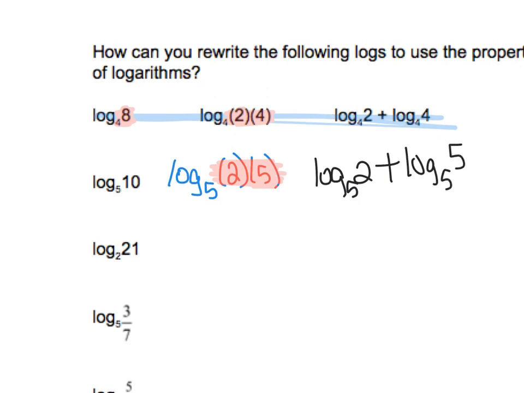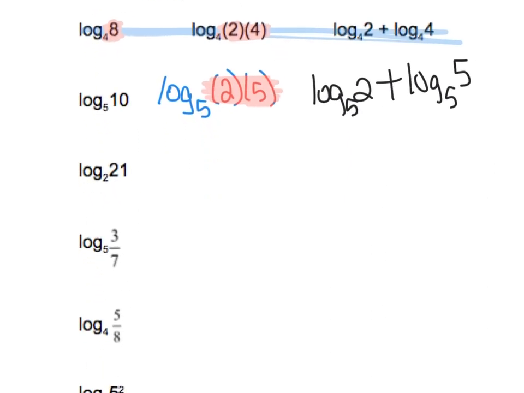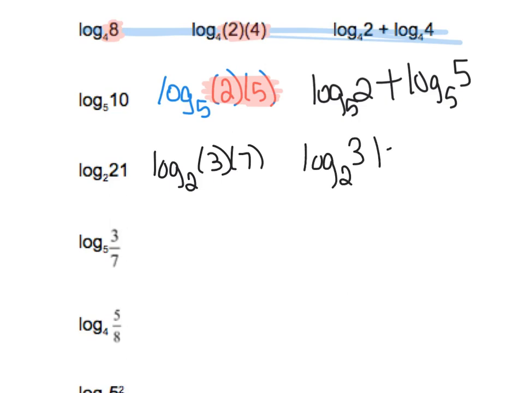Same idea here, just moving down to a couple of other examples. Log base 2 of 21 would mean we could call that log base 2 of 3 times 7. 3 times 7 is 21. If they are multiplied together, we could rewrite that as log base 2 of 3 plus log base 2 of 7. We're just taking the log of the two things being multiplied together, breaking it apart, and adding them together.